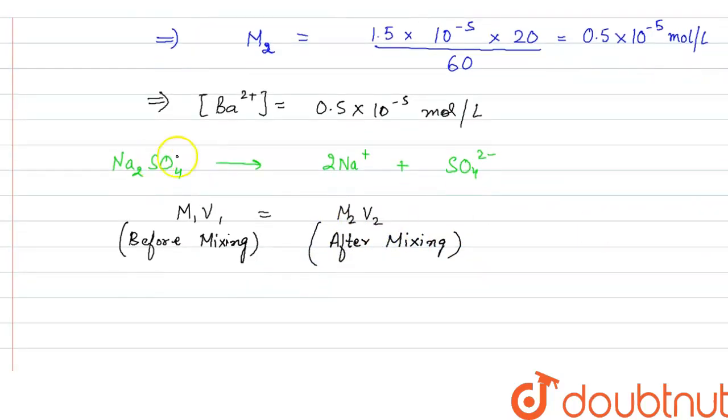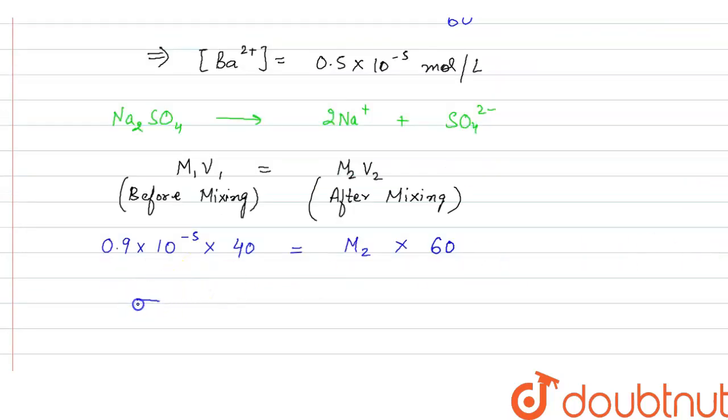So molarity of sodium sulfate before mixing is equal to 0.9 into 10 raised to the power minus 5 into volume is 40 ml, equal to after mixing molarity, we have to find out, and V2 is 60 ml.